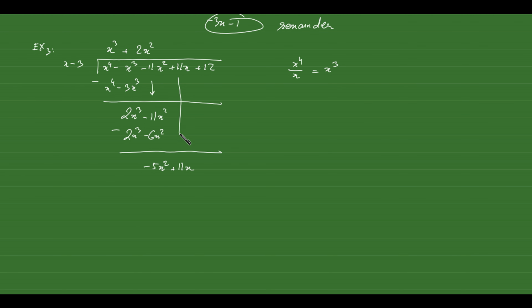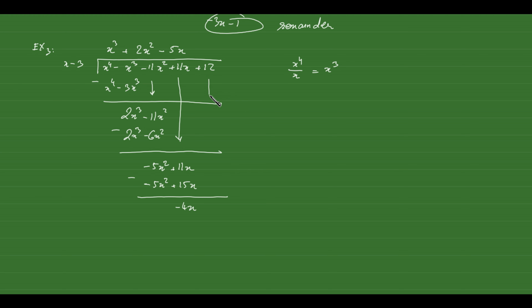Drop 11 down. Okay, this gives you negative 5x, which gives you negative 5x squared, 15x. Do the subtraction again: negative 15, 11, and negative 4x.